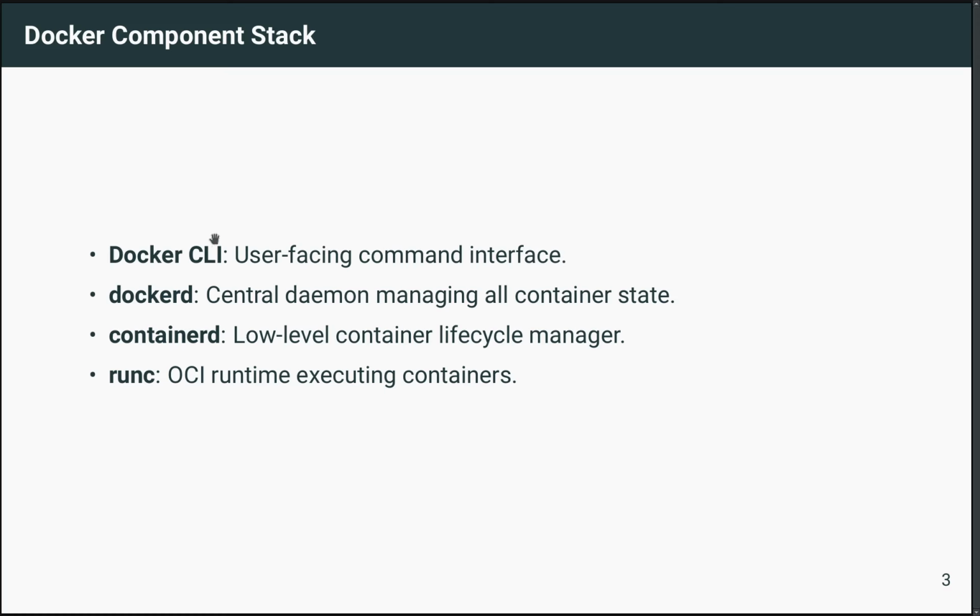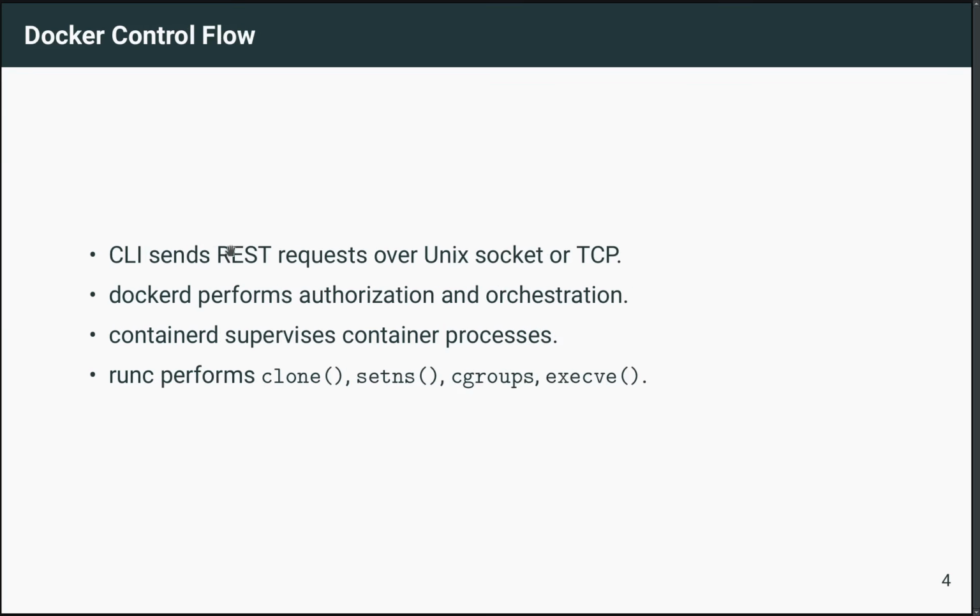CLI is what most of you would know because that's what you use in day-to-day business. Now, how Docker works is the CLI sends a REST request over Unix socket or TCP. Dockerd then performs authorization and orchestration for the containers. Containerd will supervise the container process, and runc will perform clone, set namespace, cgroups, exec, and so on.